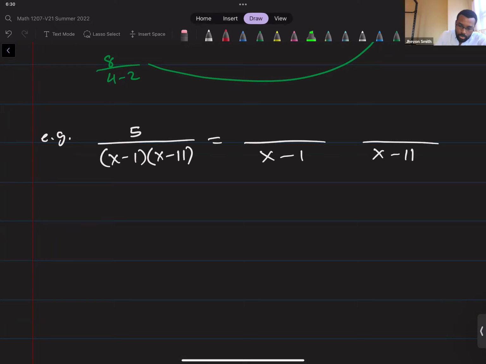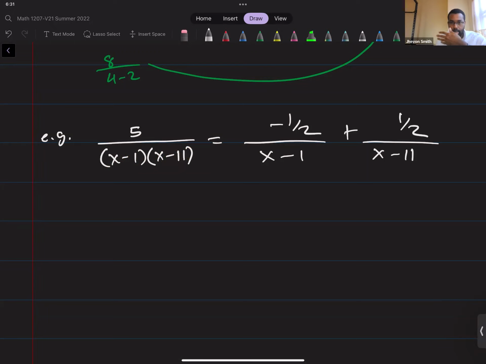What do I do? Cover this up, plug in x equals 1. I would get 5 divided by -10, that's -1/2. That's the answer. If I cover this up, I would plug in x equals 11. I get 5 divided by 10. That gives me +1/2. Turns out that's the answer here.